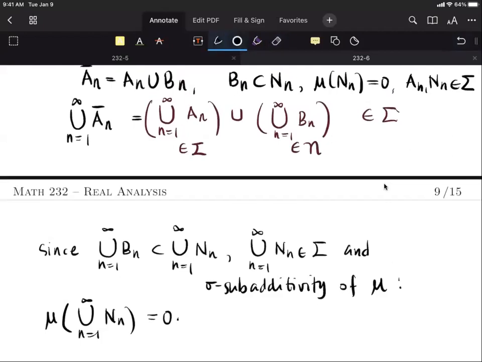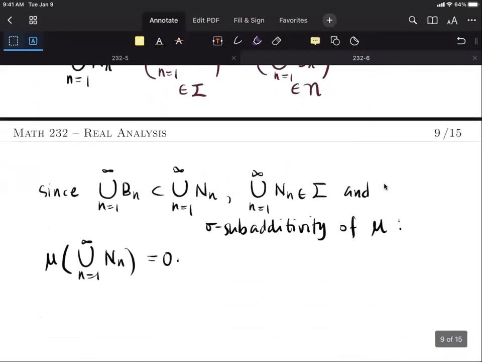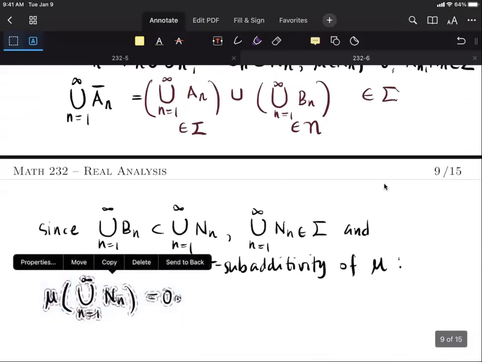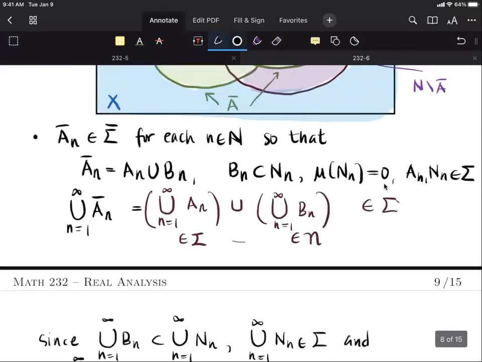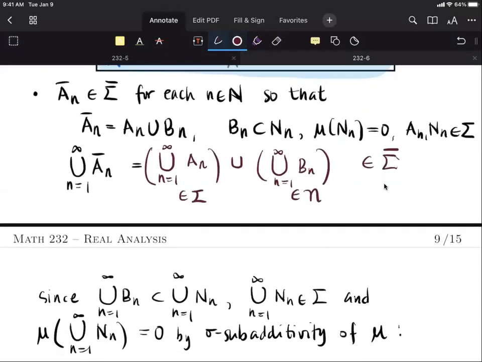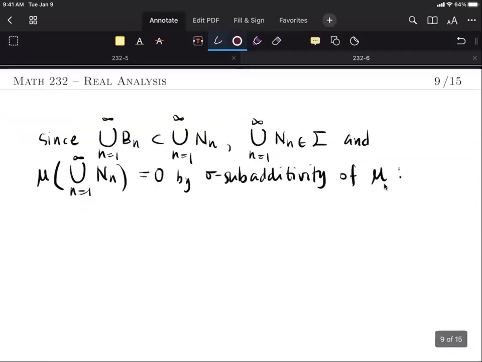Okay. And so let us put this above. Okay, so we have written the union of the A sub n's as a union of two elements, one in sigma and one in N. Therefore, this is in sigma bar. Okay, so that's the proof of sigma bar being a sigma algebra.